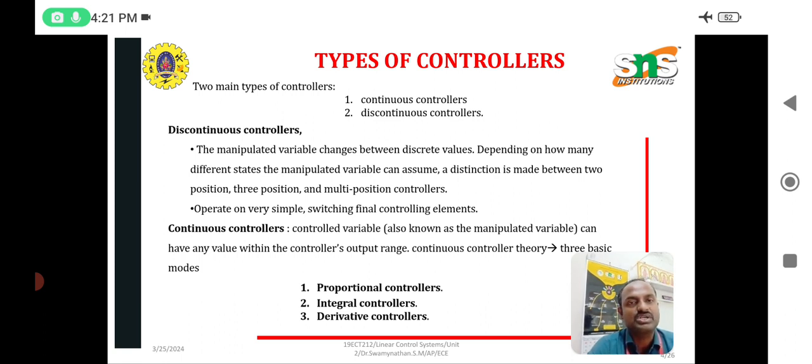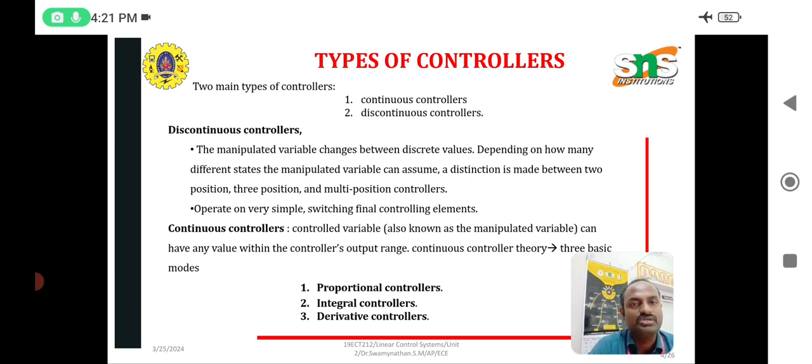Discontinuous controllers mean the manipulated variable changes between discrete values. Depending on how many different states the manipulated variable can assume, a distinction is made between two-position, three-position or multi-position controllers. It is a very simple operating point, and it also switches the final controlling elements.